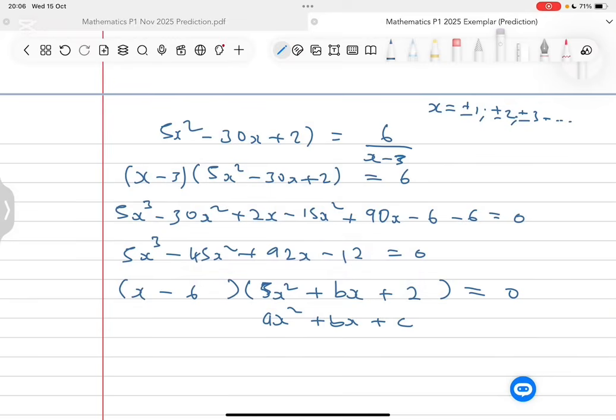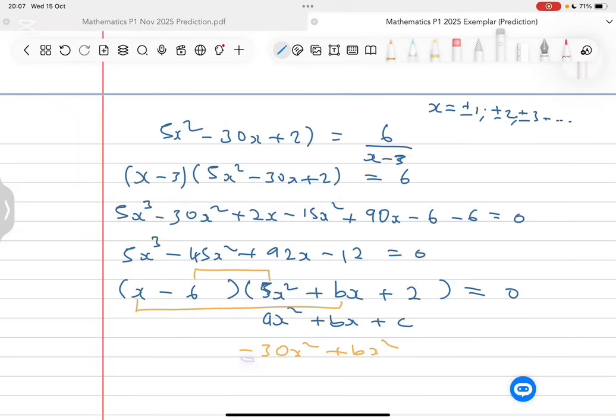Now the question would be, how do we determine the middle number there? Well, it's easy to do that. If we multiply the 6 and 5 there, we get negative 30x squared. And if we multiply the x and the bx there, we get bx squared.